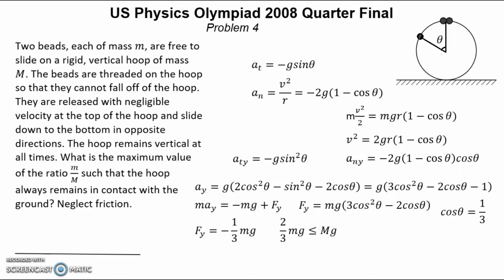It means that if we apply a force greater than big Mg, our hoop will jump. So the solution will be when 2/3 mg is less than big Mg. And finally we have this relation. For this relation, small m over big M less than 3 over 2, this hoop will never jump.